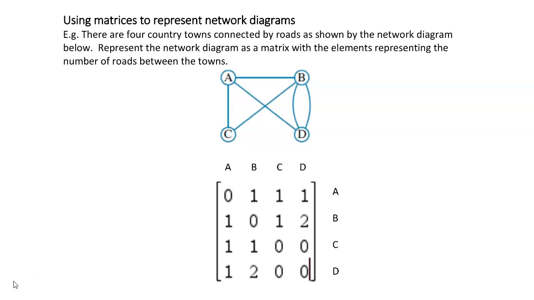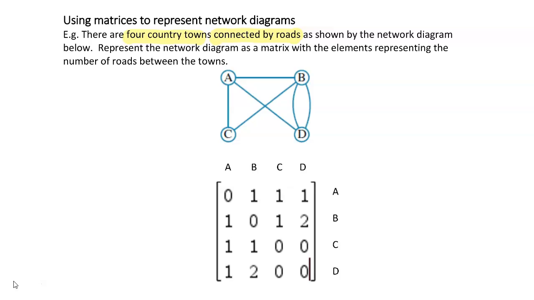We can use our matrix to represent network diagrams. A network diagram is a diagram showing connections between things or people. Here I've got 4 country towns connected by roads, as shown in the network diagram below.